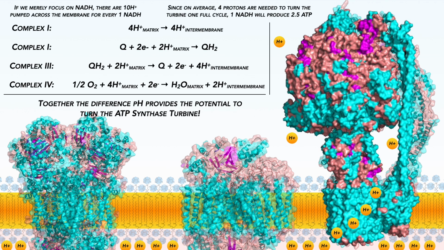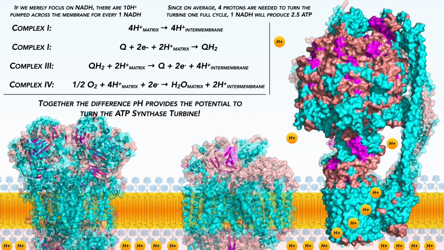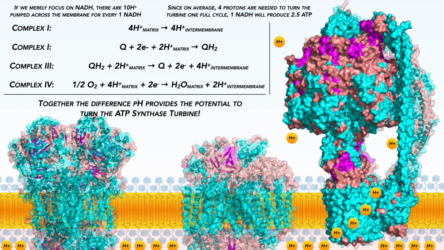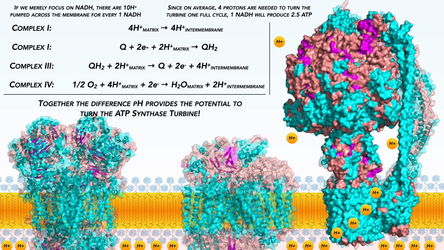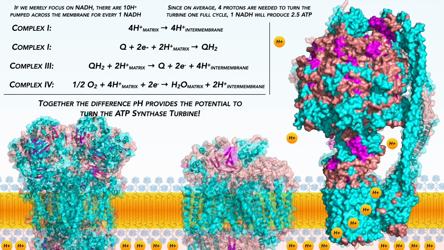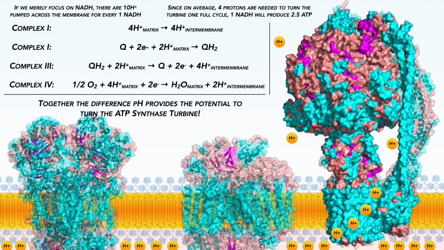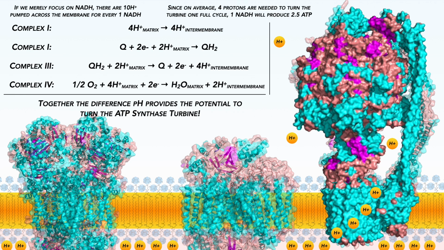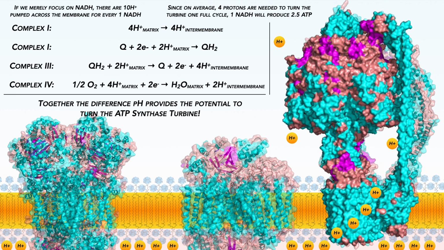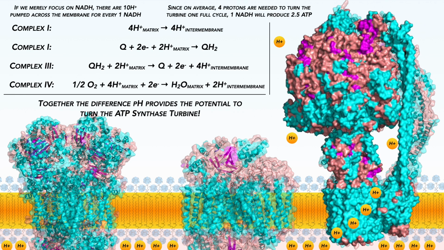We can now summarize the contribution of a single NADH molecule. Altogether, 10 protons contribute to the proton motive force generated by one NADH. Complex 1 contributes 4 protons and 2 protons stored temporarily within QH2. Complex 3 converts the stored protons into 4 protons within the intermembrane space, while consuming 2 additional matrix protons.